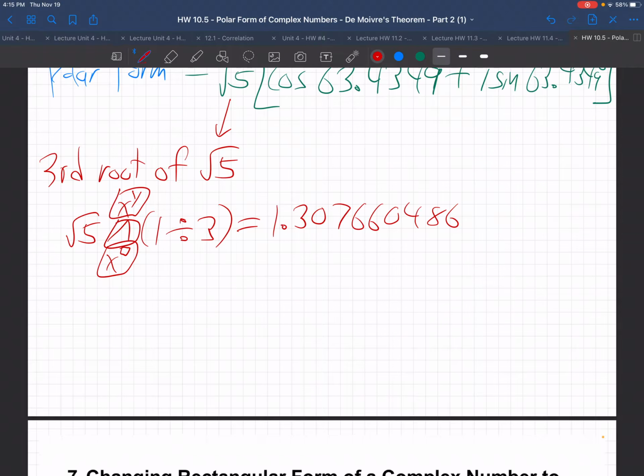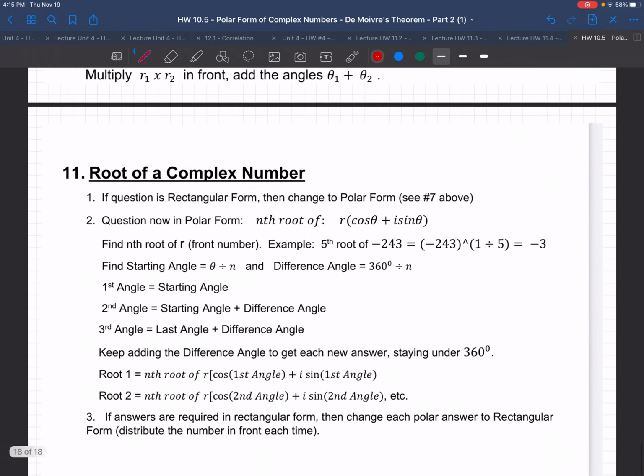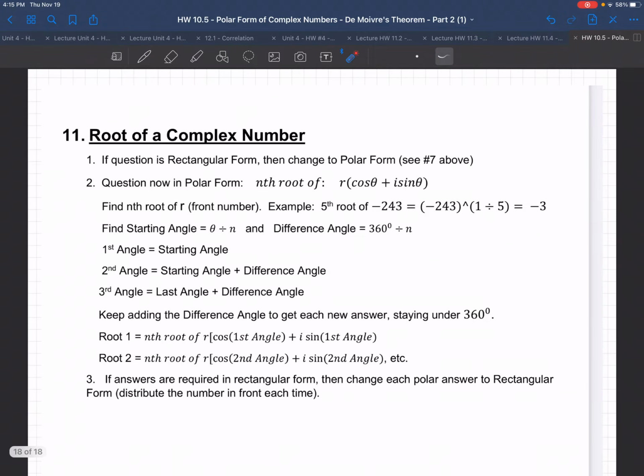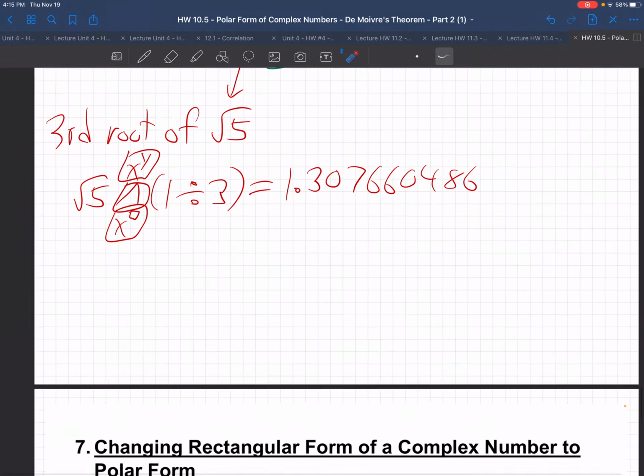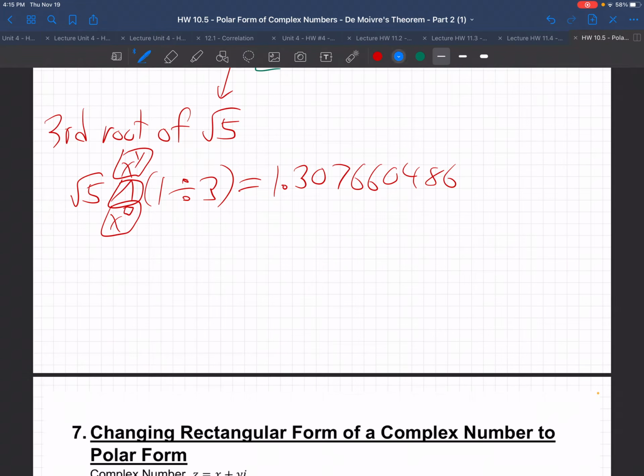Now that's the first part of our final answer. So find the nth root of R. Got it. Now find the starting angle, which is theta over n, and the difference angle, which is 360 over n. Starting angle and difference angle, both divided by n, theta and 360. Okay? So let's take theta, and let's take 360.